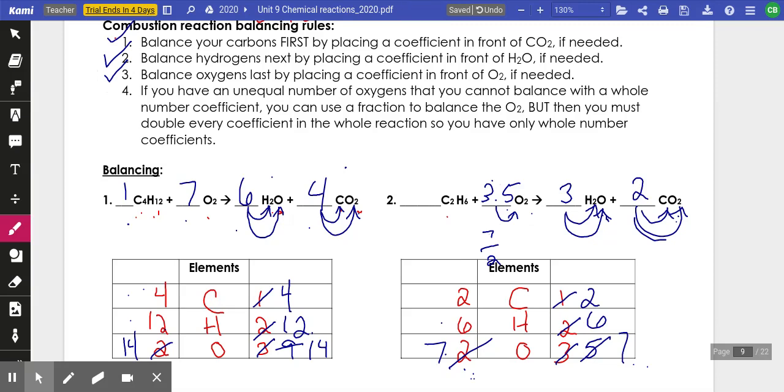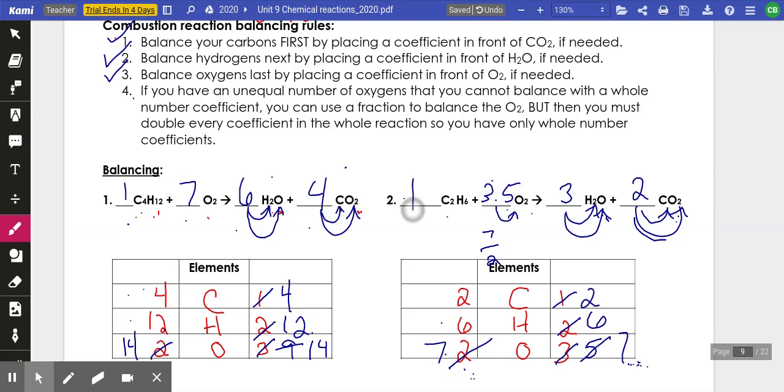What we're left with is that step 4 says that we can't just have a decimal point or a fraction as a coefficient. So if you have to, because you have an odd number of oxygens in your product side over here, what we're going to do is multiply every coefficient that I see here.